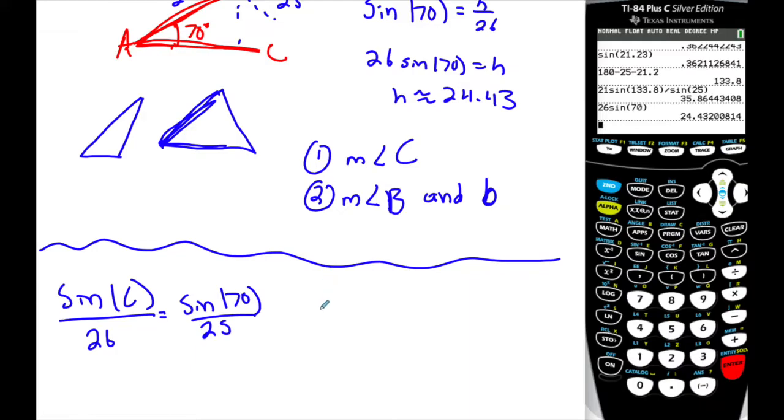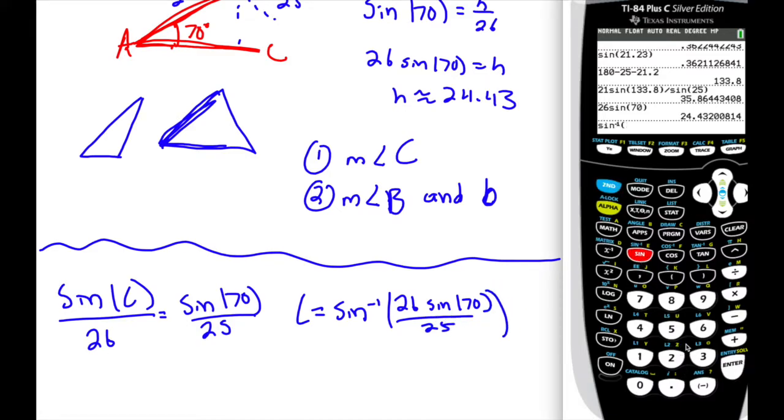So what that means is that C is equal to the sine inverse of 26 times the sine of 70 over 25. Our calculator is the only thing that can do this, so you're going to need to use Wolfram if you don't have one.